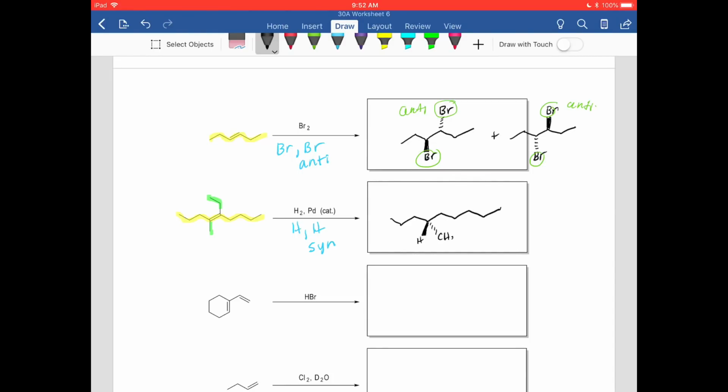And to make this a syn addition, I now have to put my other hydrogen forward, which means now my ethyl group gets pushed back. So notice here, both these hydrogens are syn. And now I'm going to get the enantiomer of that as well. So I'll do the same thing where I leave the zigzag chain from left to right in the same orientation. But now what I'm going to do is put my hydrogen group back. That's going to push my methyl group forward. And once again here, if I put my hydrogen back, that pushes my ethyl group forward. And once again, I've drawn only a syn addition.